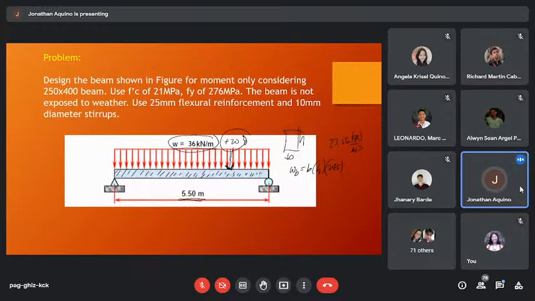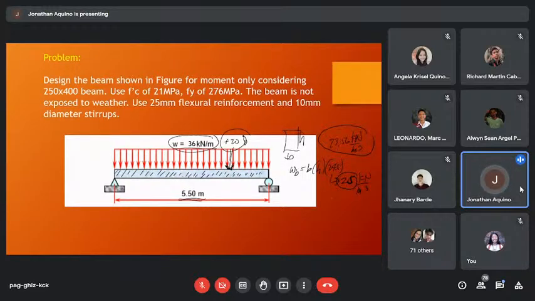Take note that this 23.56 kilonewton per cubic meter is the weight of concrete without reinforcement. That's why in the design, we use 24.5 or sometimes we just round it to 25 kilonewton per cubic meter.